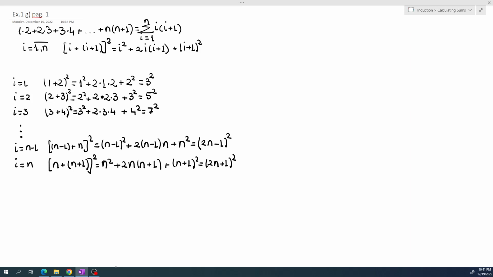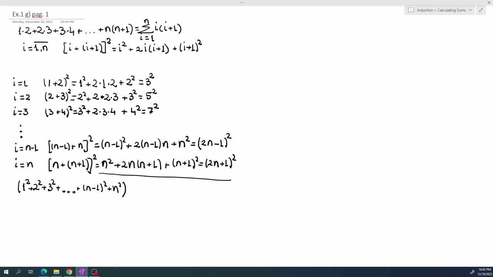Now we have to add all these expansions. Nothing will be removed, and I will end up with 1 squared plus 2 squared plus 3 squared plus ... plus n minus 1 squared plus n squared.